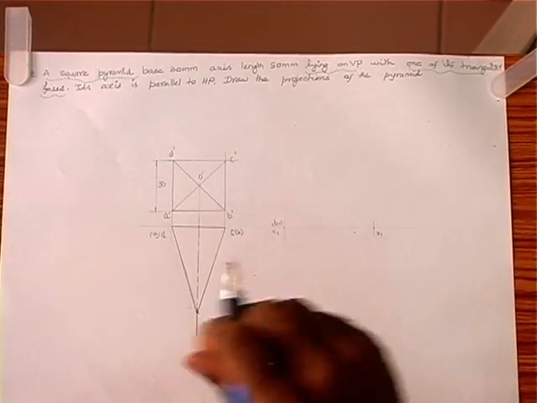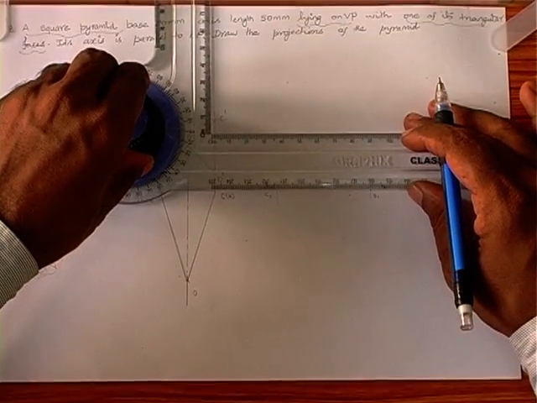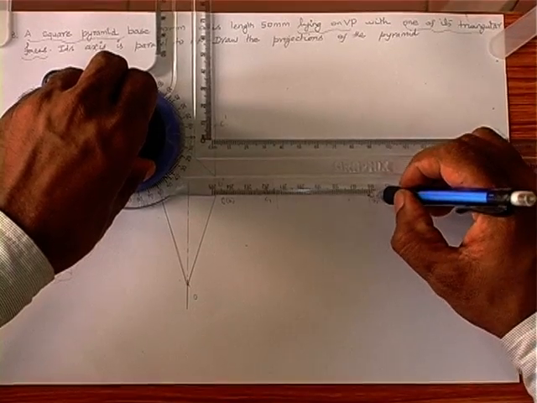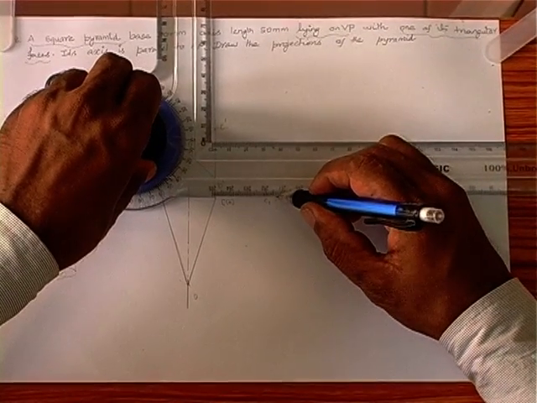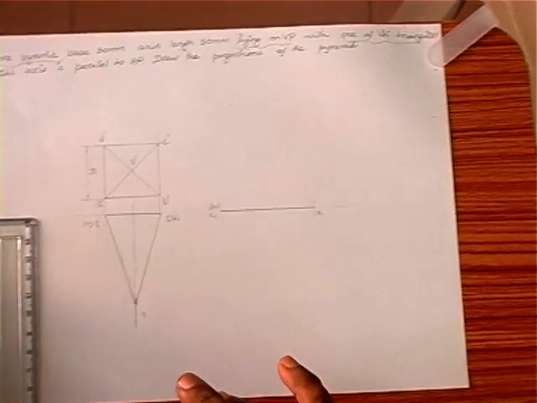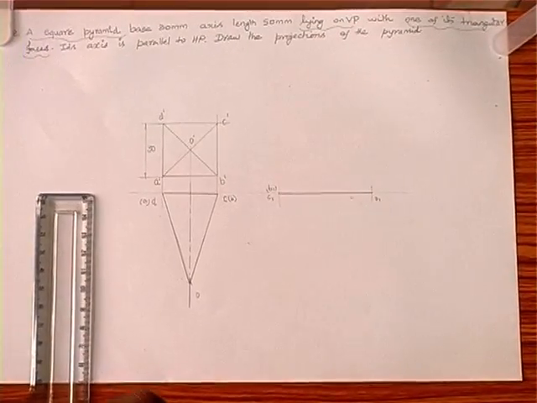Afterwards, with the help of this line, we are going to redraw the entire diagram so that one triangular face is completely lying on VP. The top view of the triangular face is touching the XY line.